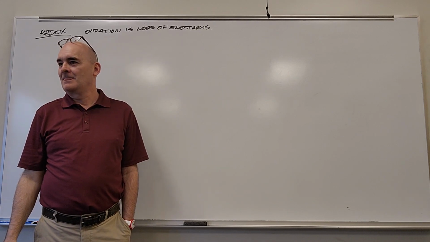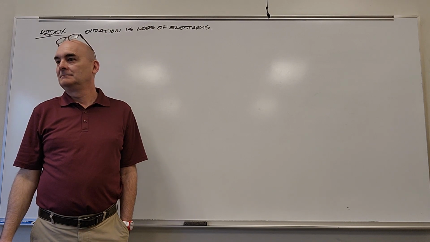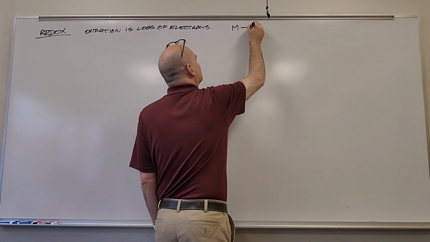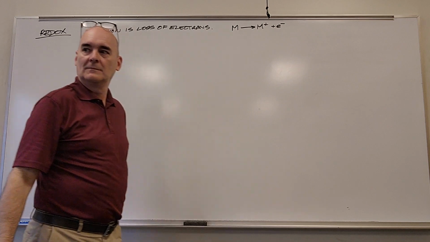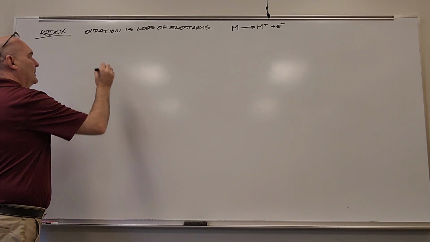Oxidation, metals. Loss of electrons. It's on the left. If you lose electrons, you become positive. That is a trait of the left-hand side of the periodic table.